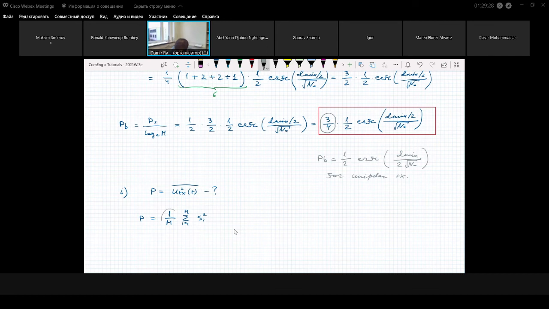This 1 over M is the probability of S_i, and S_i squared is the corresponding power when we transmit the ith symbol. For our case, we have only 4 possible options. We have 1 over 4, then minus 3 squared plus minus 1 squared plus 1 squared plus 3 squared. We have 4 possible options for amplitude.